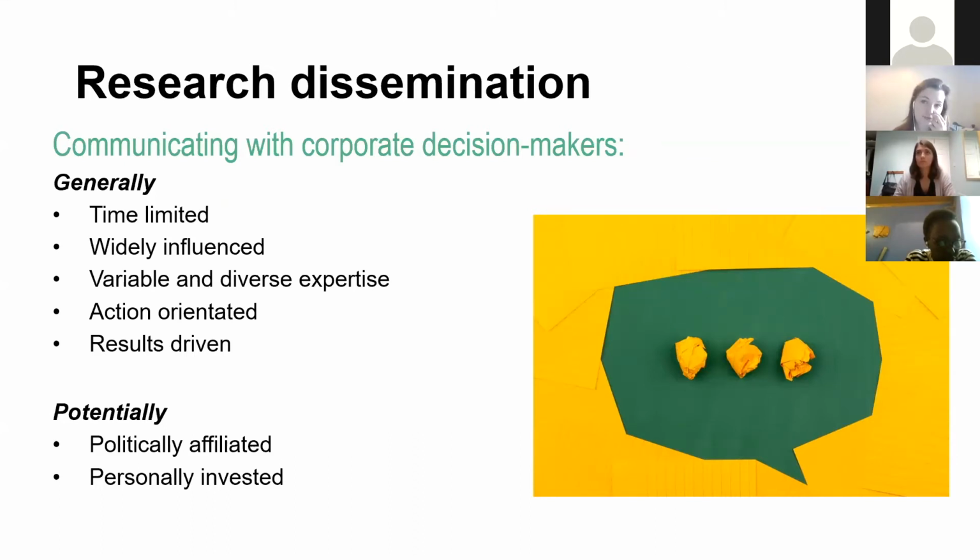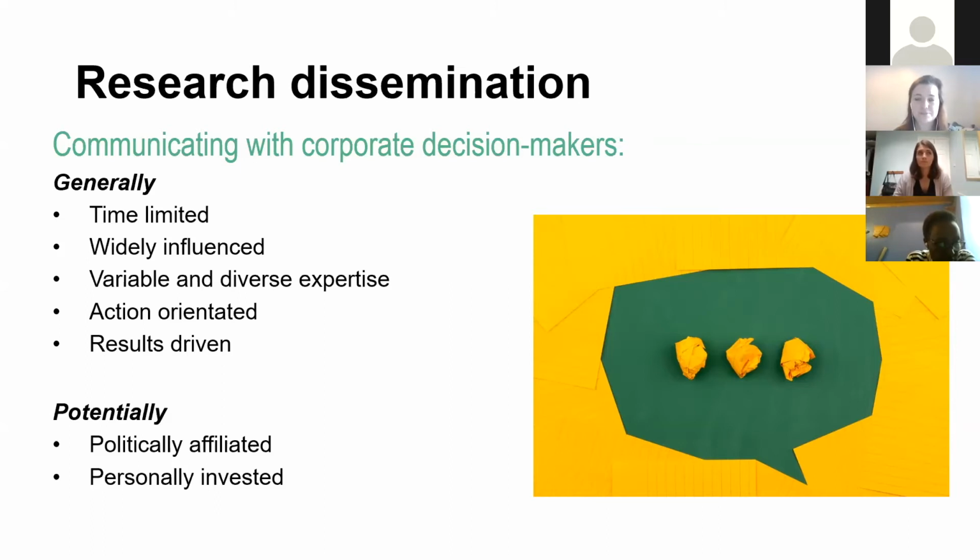They're widely influenced, which means that they have a lot of different aspects that they have to take into account. They may be a global corporation, it may not be the same all the way around the world. So you need to be aware that they will have different influences coming from different parts of the project.